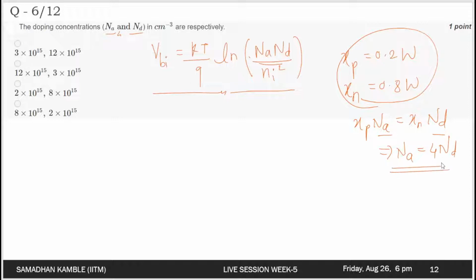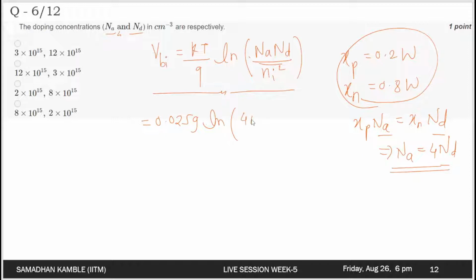So we can use this relation in this particular equation, and we can determine one of the values, and then using this particular relation we can find out the other. We know that kT by q is also known to us, that is 0.0259 times ln of, let us substitute the value of Na, that is 4 times Nd.